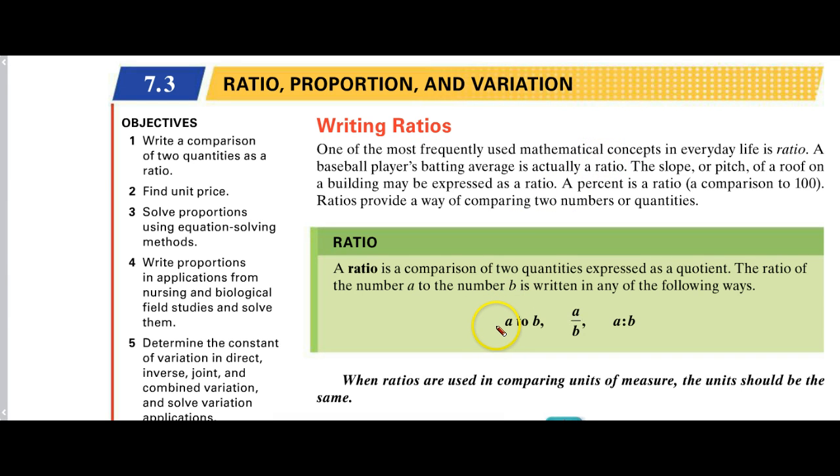So one way to read it is A compared, in a sense, to B. A divided by or over B, this would be its fraction form, and then A with two dots to B, or the ratio, that's what the two dots usually refer to, the ratio of A to B. But all of these are equivalent.